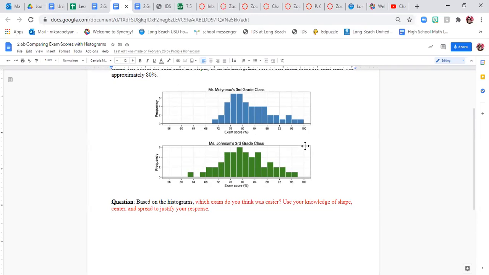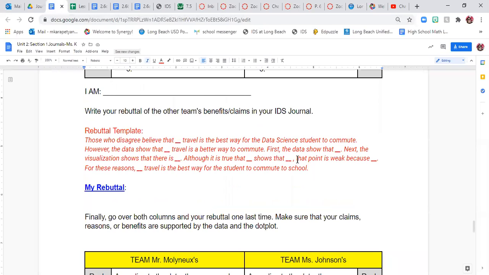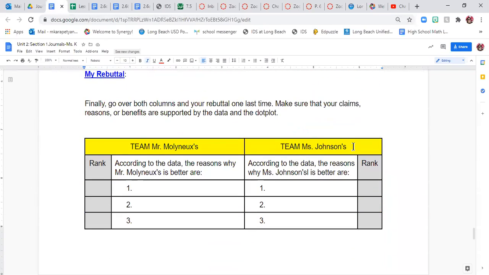So what you're gonna do, and I'm gonna give you the rest of the class period to do this, is answer this question here, and defend it using the data, your knowledge of shape, center, and spread. Then you're going to come over to your journal and do the same thing.